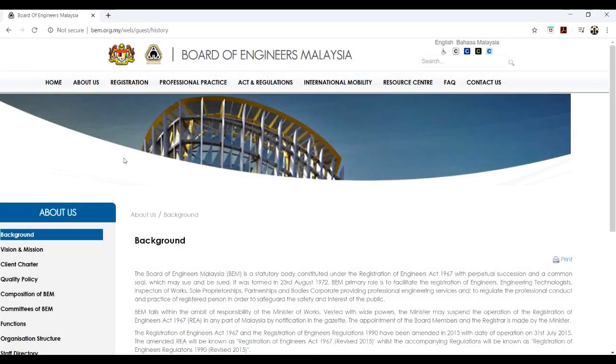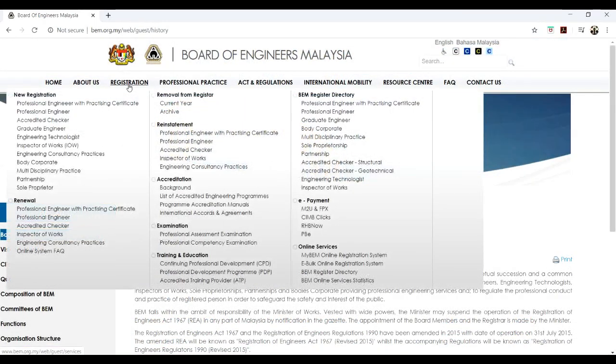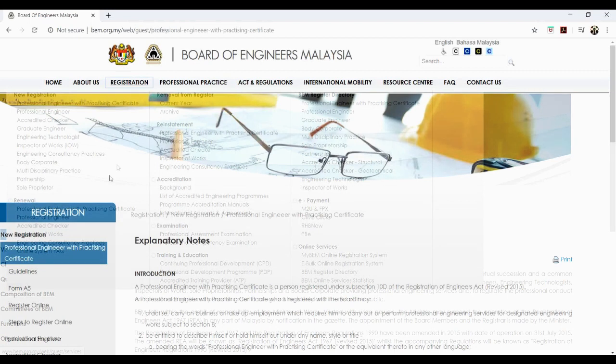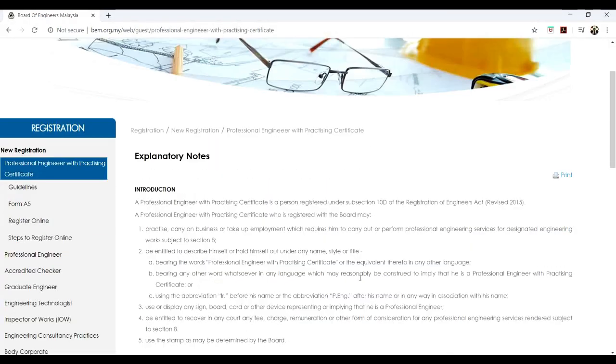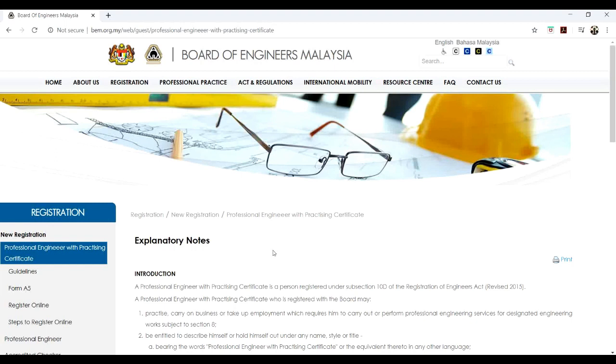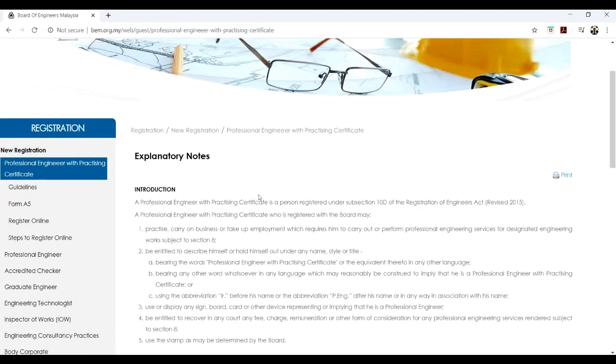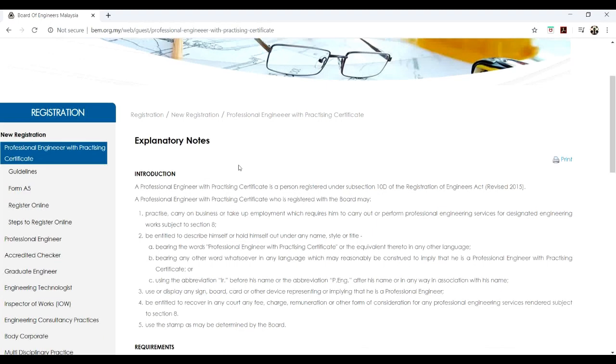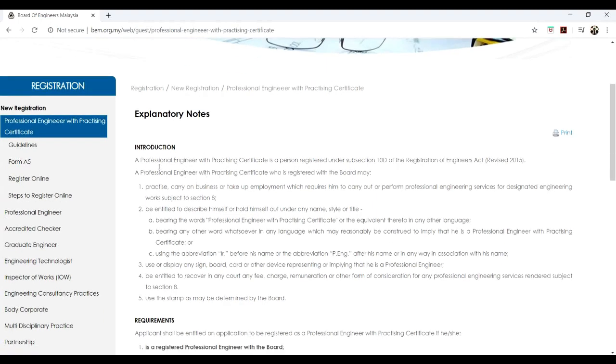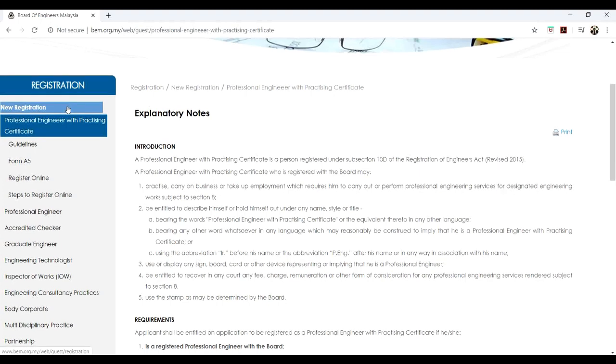Other than that, if you go to the registration submenu, here is the content available. Through this, information regarding the new registrations of professional engineers can be obtained here.